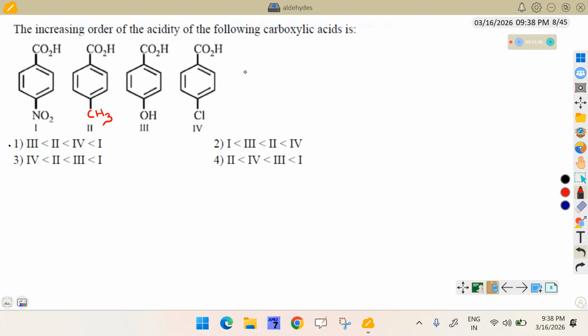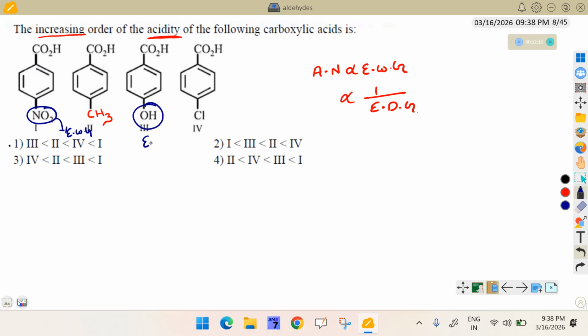See the next question. Increasing order of acidity, acidic nature, increasing order. What we know: acidic nature is directly proportional to electron withdrawing groups, and inversely proportional to electron donating groups. First of all, the NO2 group is an electron withdrawing group.